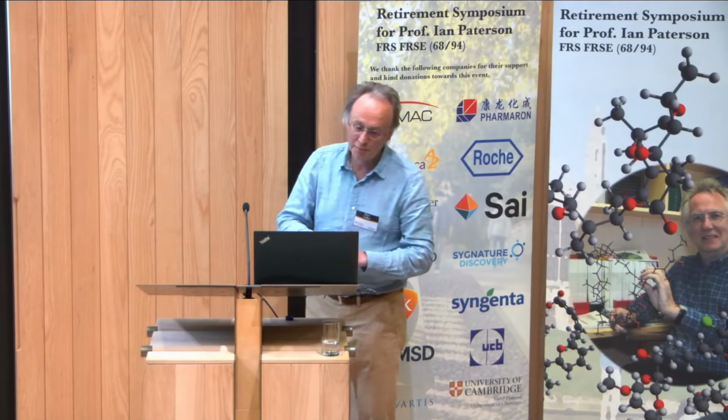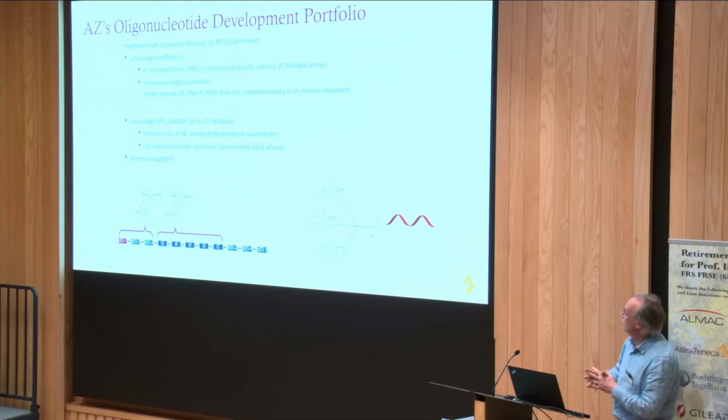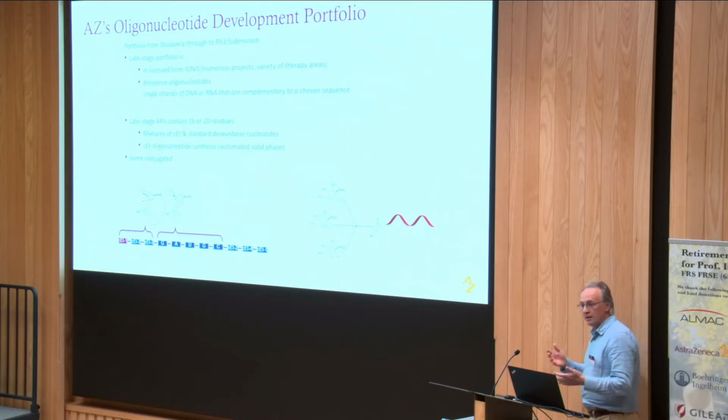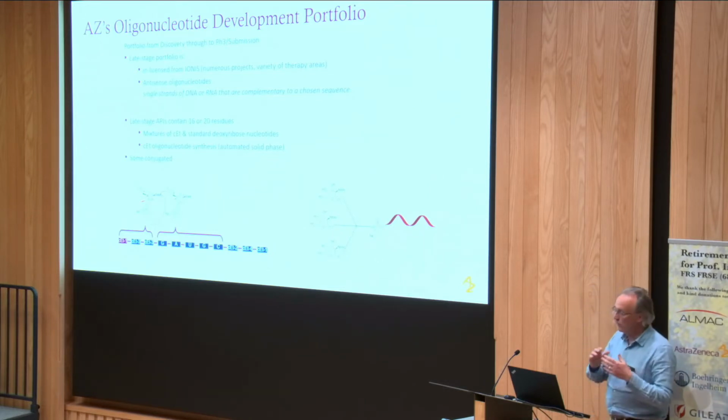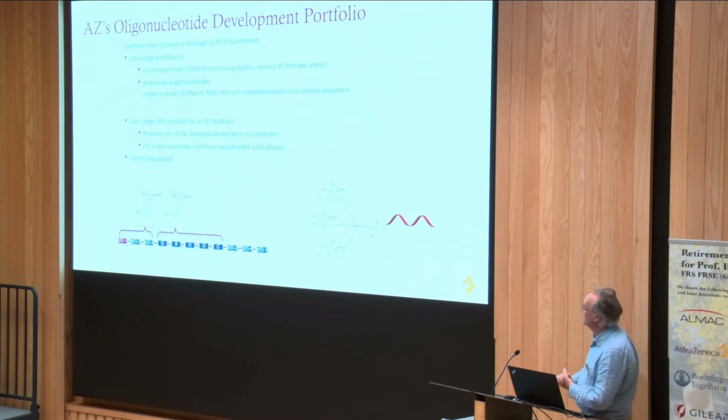our portfolio. I suppose the important point in order to move on is that our late-stage portfolio are antisense oligonucleotides, which means they're single-stranded. And we have them made up of standard DNA deoxyribose nucleotides, and C-ets.